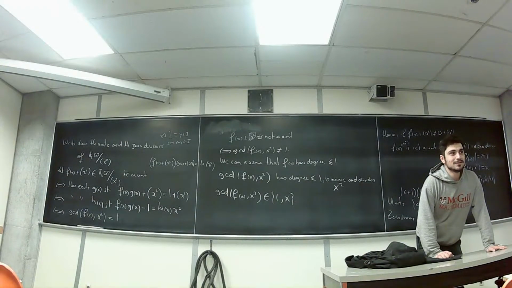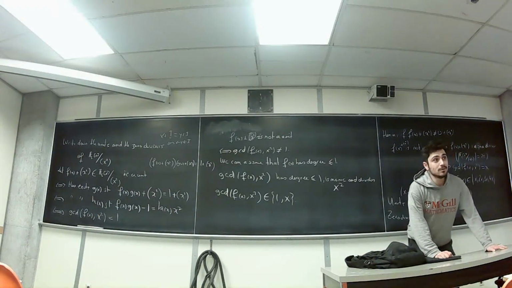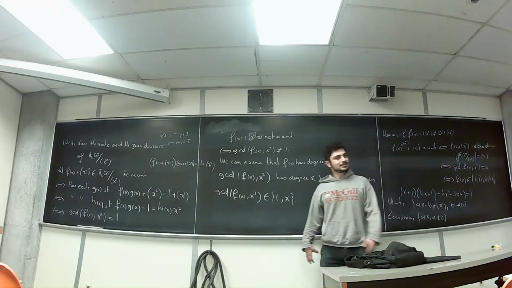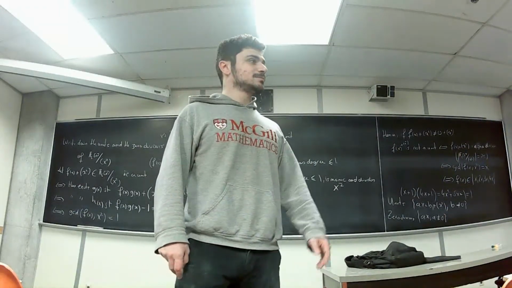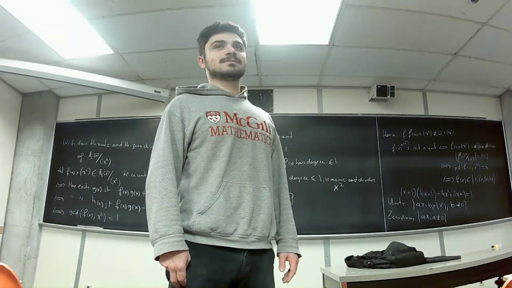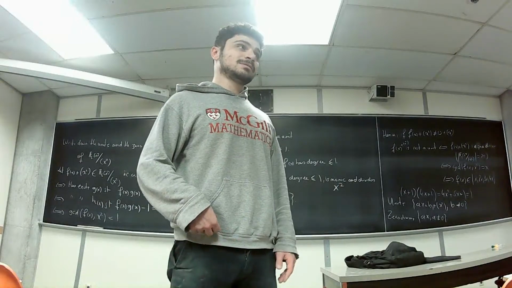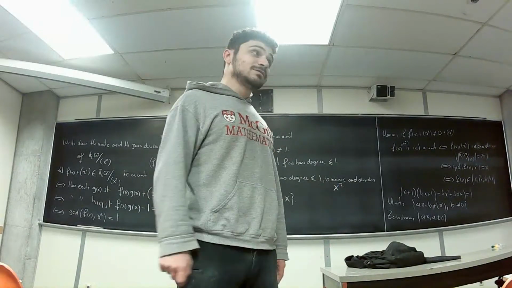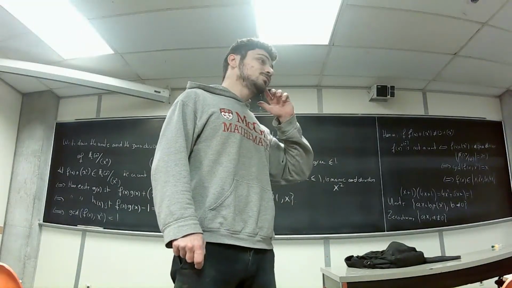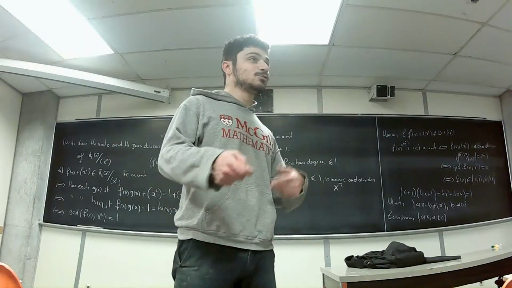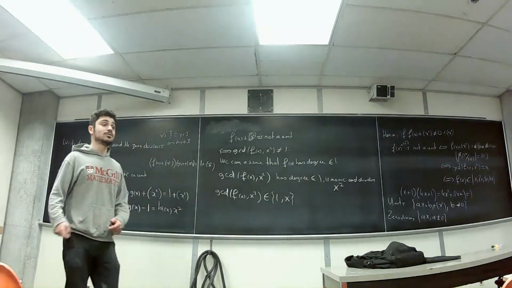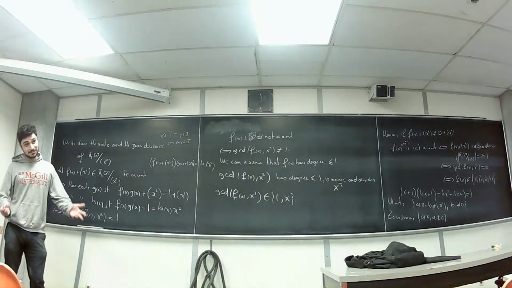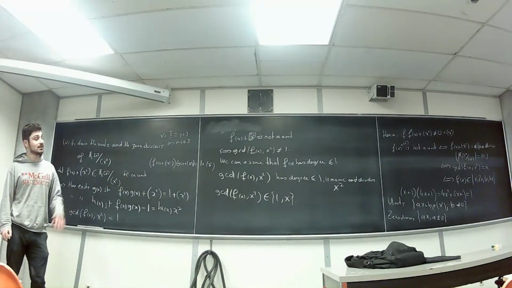Figure out what group the group of units is isomorphic to. It's a group of order 20. So you'll have to see what the group of units is isomorphic to. Is it Z20? Is it Z10 cross Z2? Is it Z2 cross Z2 cross Z5? That's a nice question also.